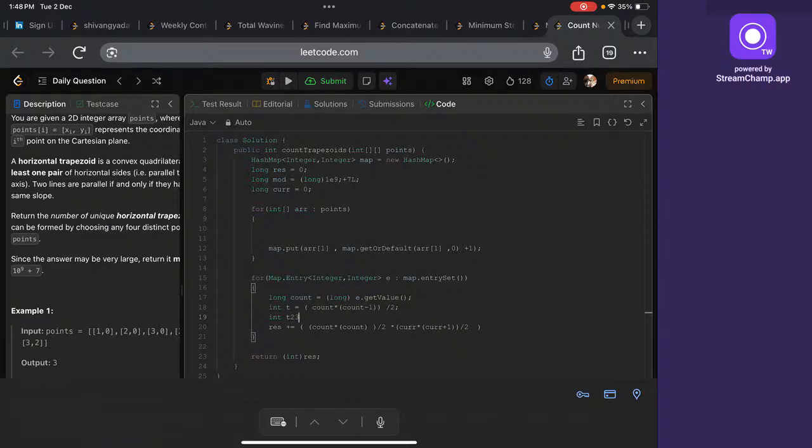And t2 equal to current into current minus 1 divided by 2. And we need to make this long.